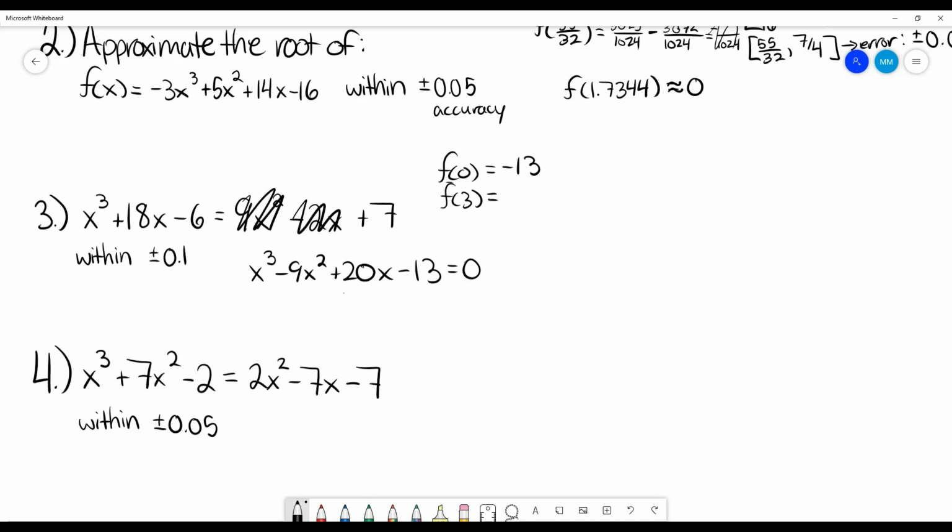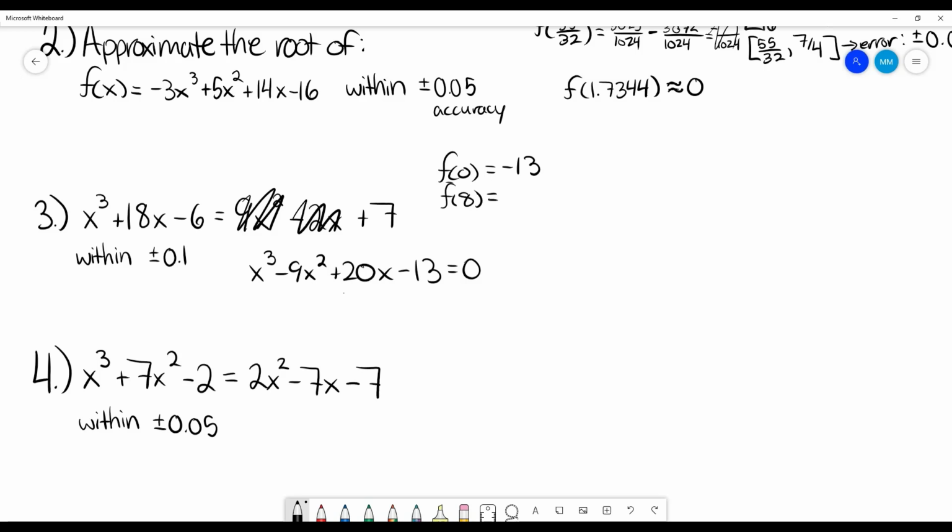Let's try a negative number then. Let's try maybe f of negative 1. That's going to be a negative 1, minus 9, minus 20, minus 13. Obviously, that doesn't get us very far. So this one has us a little stuck. Maybe we have to go bigger. I'll try 8.